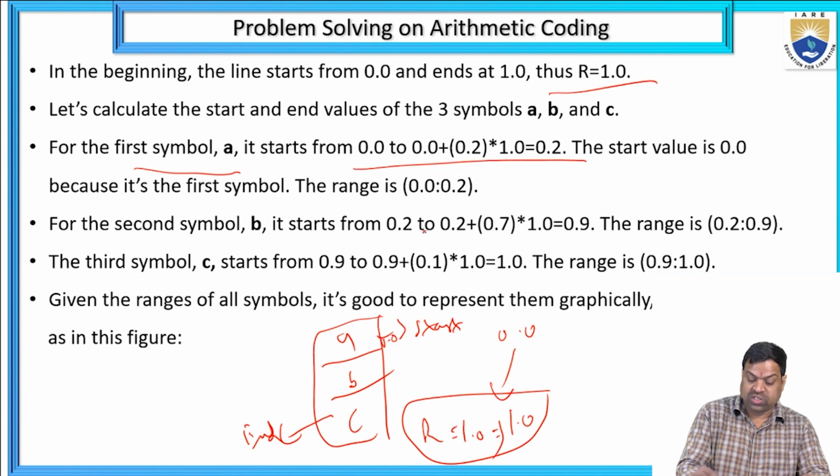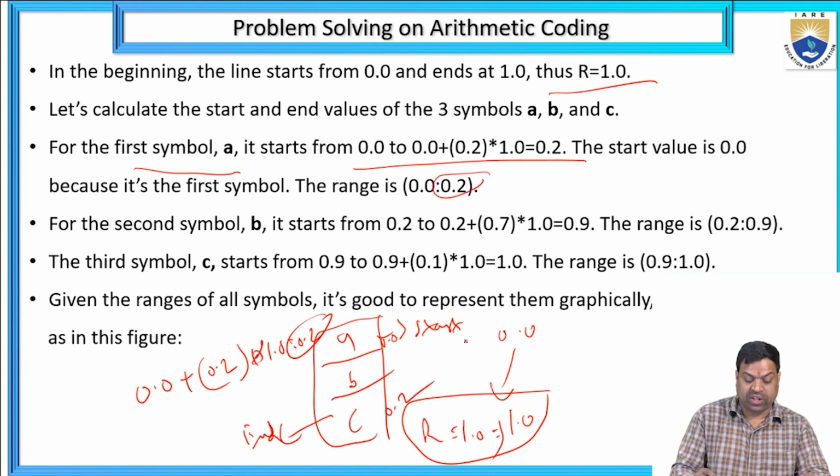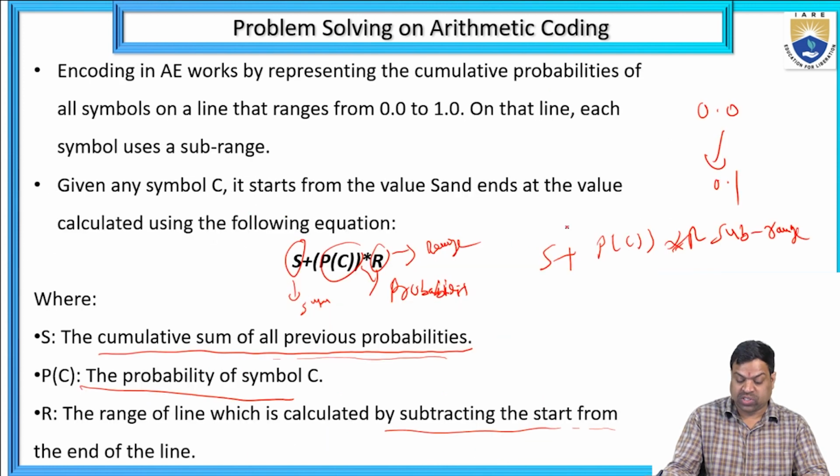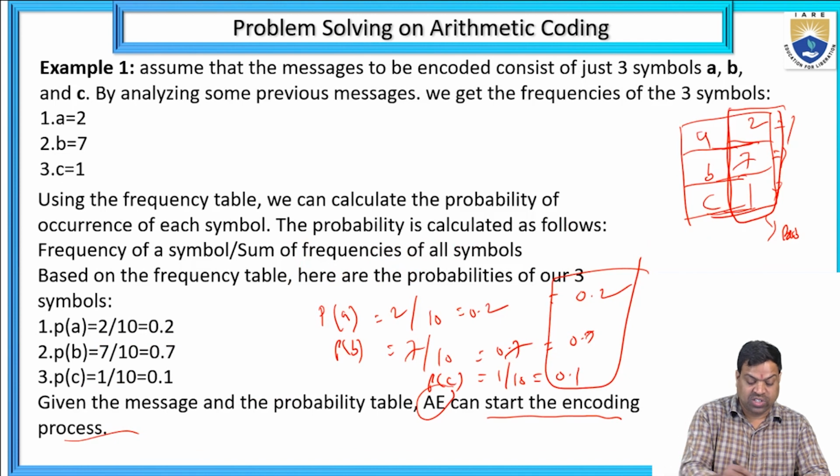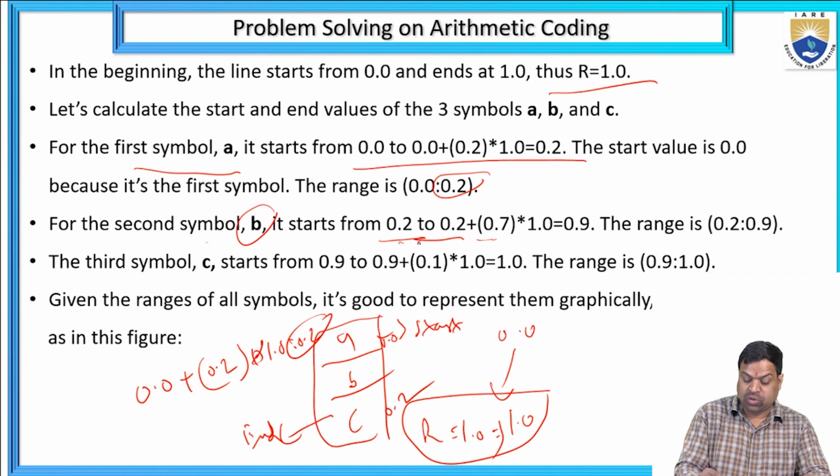So the start value is 0.0 and the end value is 0.2. Symbol B goes from 0.2 to 0.2 plus 0.7 into 1.0, which equals 0.9, because we already know the probability is 0.7.